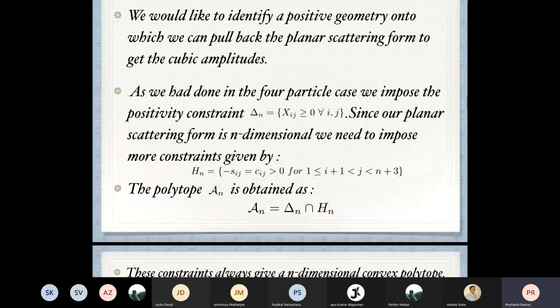Now, since our planar scattering form is n-dimensional, we need to impose n(n-3)/2 minus n constraints to get an n-dimensional object. And these constraints are just given by setting all the Mandelstam variables s_ij to negative constants whenever i and j differ from each other by more than 2.